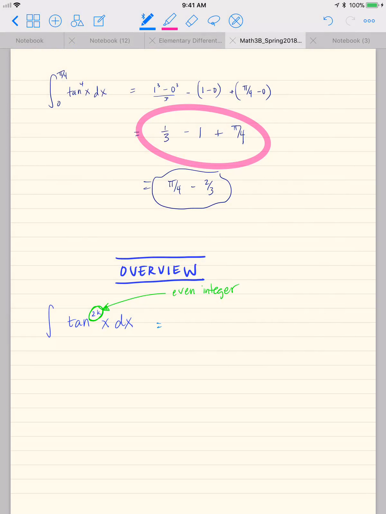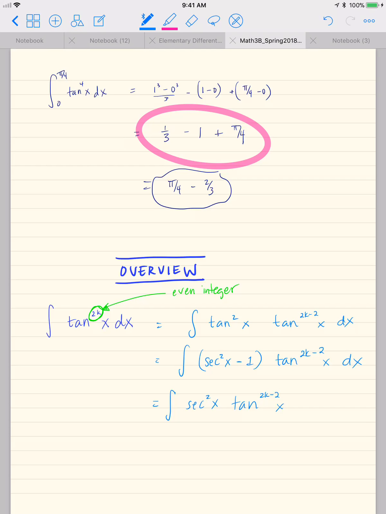We said we're going to peel off tangent squared x. That means we'll be left with tangent to the 2k minus 2 of x dx. When we peel off that tangent squared, we're rewriting it as secant squared x minus 1, times tangent to the 2k minus 2 of x dx, integral. Next thing we do is we distribute. So I have the integral of secant squared x tangent to the 2k minus 2 x, minus tangent to the 2k minus 2 x dx.